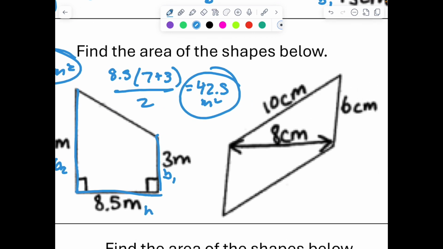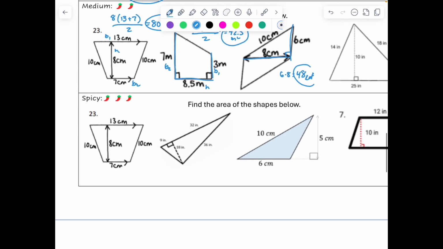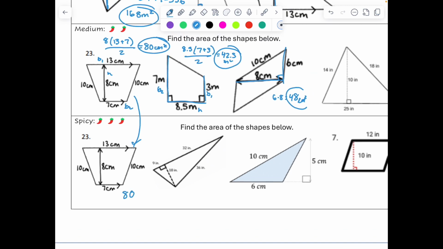And then here, parallelogram, our base is 6, our height is 8, those make a 90-degree angle, so 6 times 8, 48 centimeters squared. All right, and then finally, spicy, this is the same problem, so 80 centimeters squared.